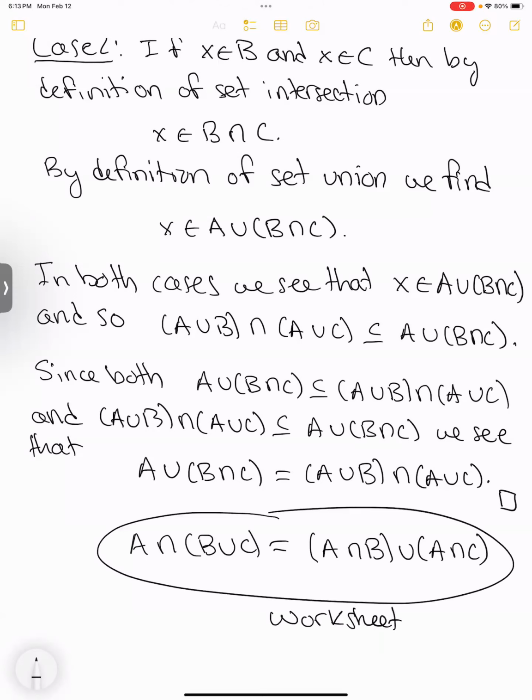So what you can do, which is the same, is to write down the definition of everything that's involved and unpack the definitions until you show that something on the left-hand side is in something on the right, and vice versa, right? So you can use that same procedure, use similar reasoning, but it won't be exactly the same.